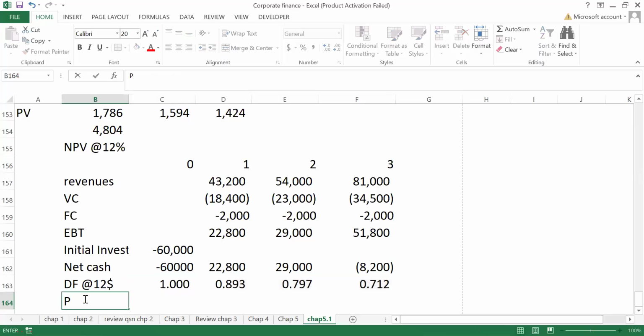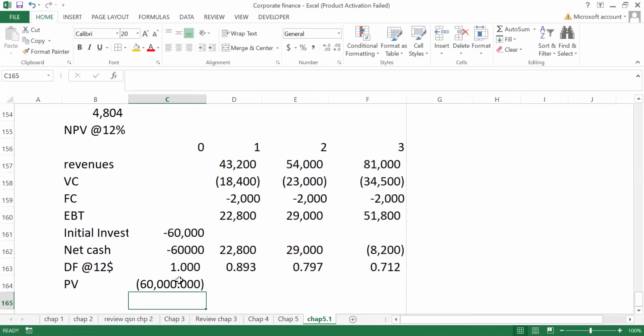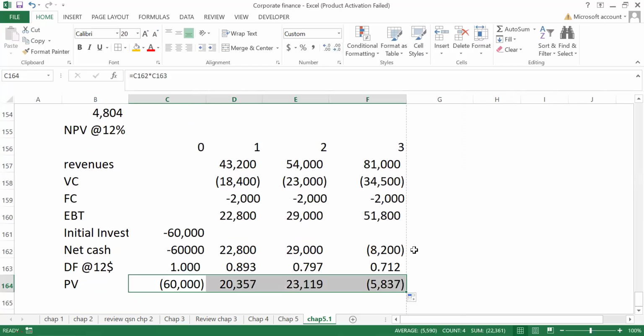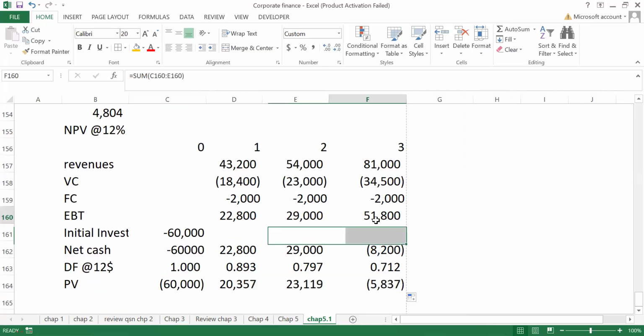So what is the present value? Times this. I think this one is the normal way of getting the NPV we have been discussing throughout. Where is this minus coming from? I think there is a problem on net cash year 3, perhaps even from the formula.